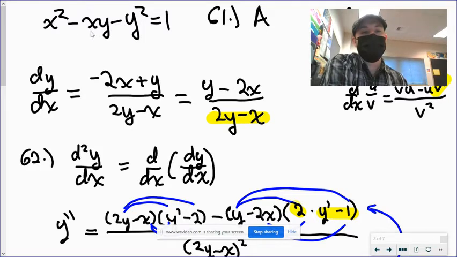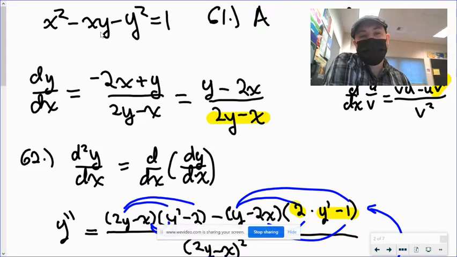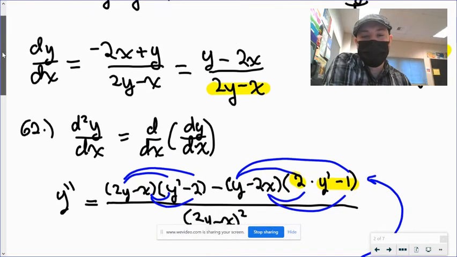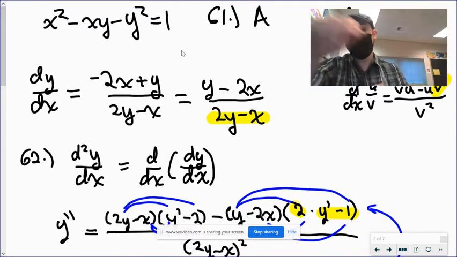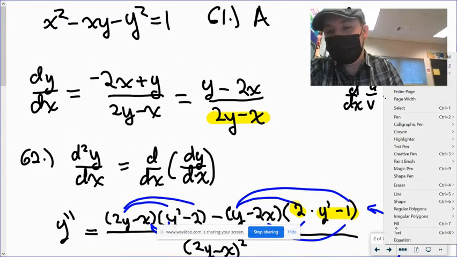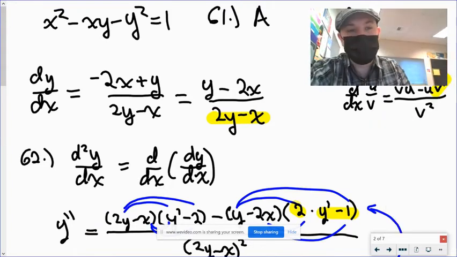X squared minus. What is it? Not supposed to be minus? Oh, I want to cry. I wrote it down wrong. No, it will. I know what it is to wrap this problem up. I know what's going on. But seriously, I wrote it down wrong.